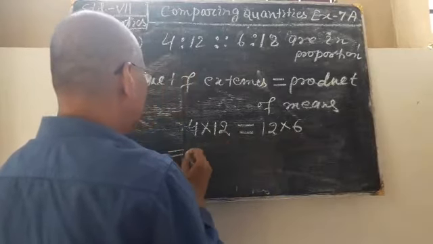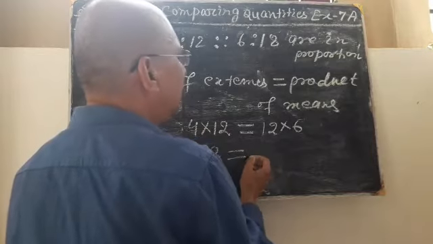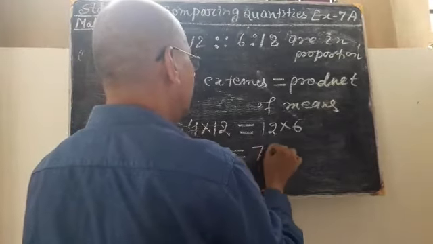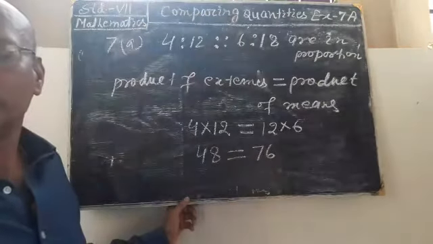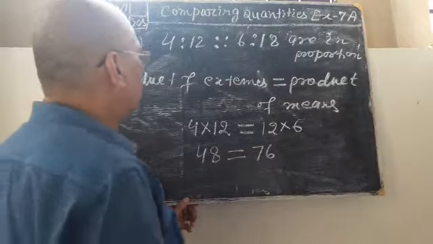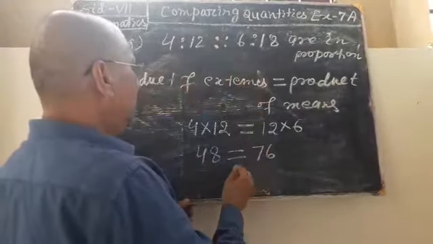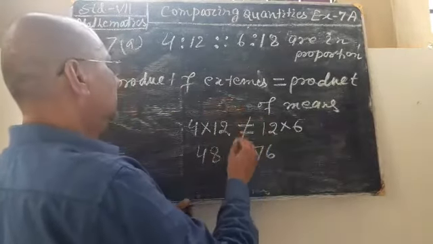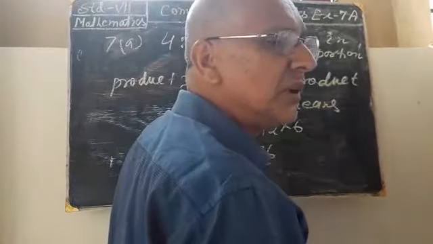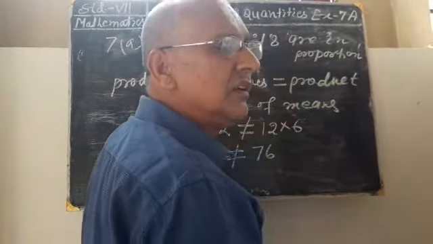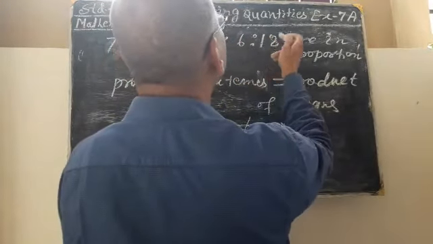Here this is 48 and this is 72, so these are not equal. Sorry, let me recompute. 4 is to 12 is equal to 6 is to 18.